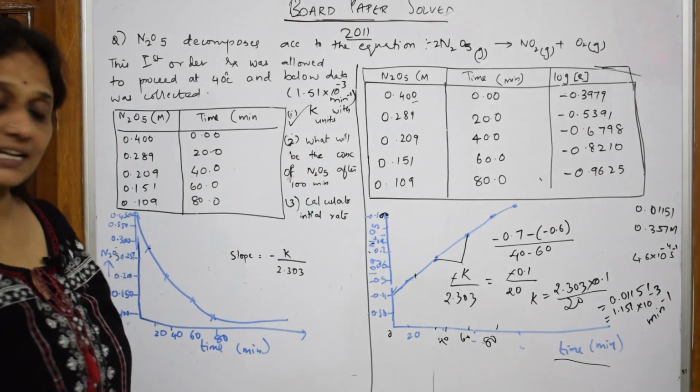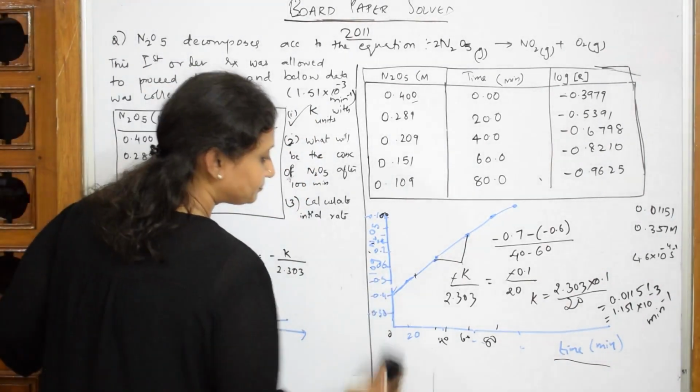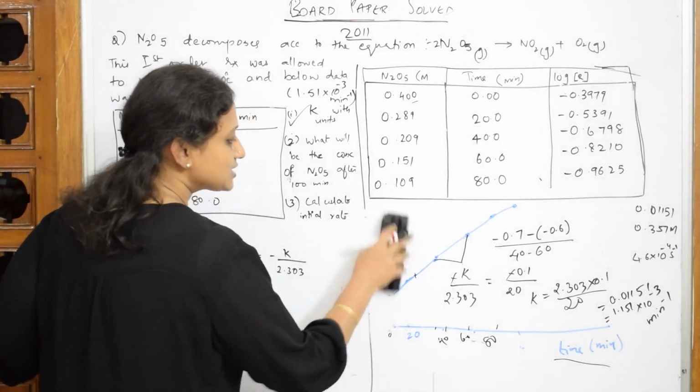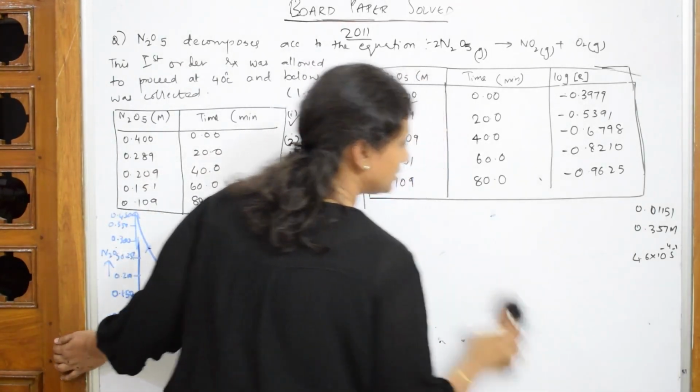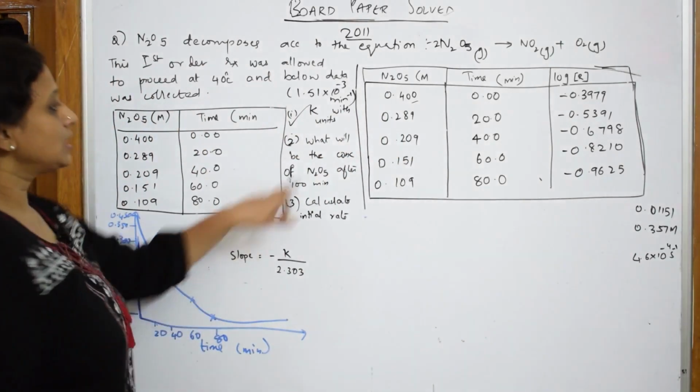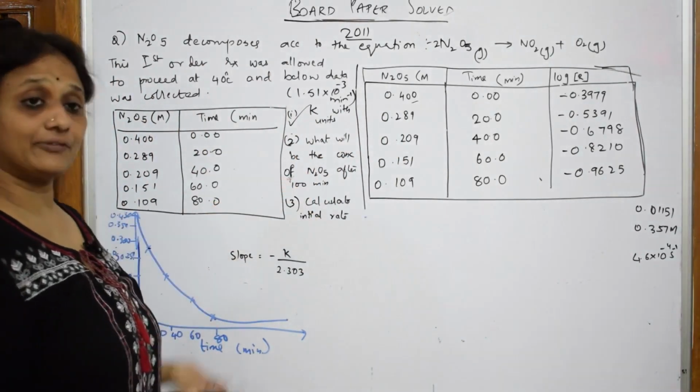Now I have to do the second part. They've asked me to calculate what will be the concentration of N2O5 after 100 minutes.